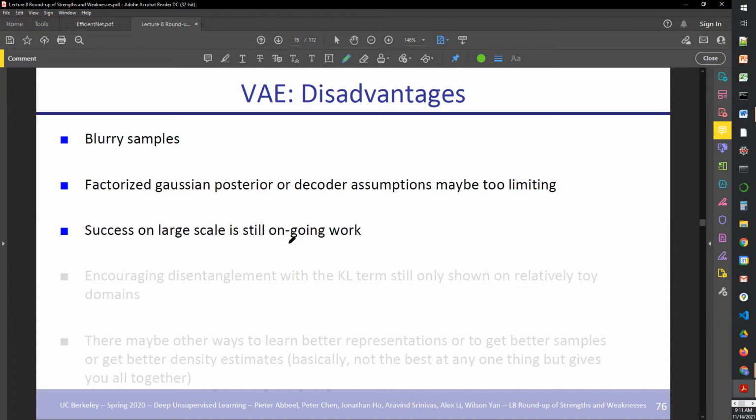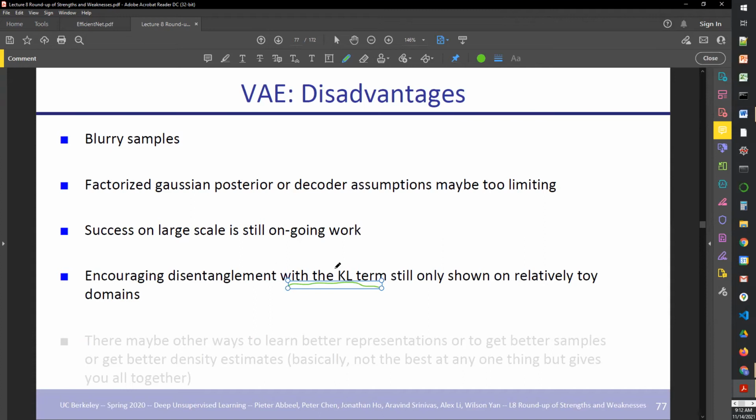Large scale, unlike GANs, is still not quite at the level of GANs. While there is this concept of disentanglement I mentioned, remember that with the VAE we have two terms: one is the likelihood, not likelihood, I meant to say the representation term, and the other is the KL term.